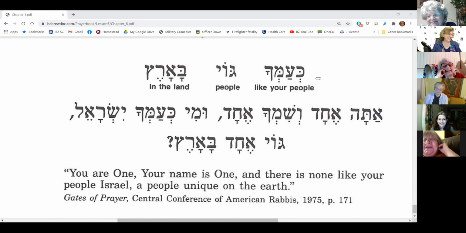We say that in love. But anyway, in this case, goy also means the Jewish people, because the word in Hebrew just means nation or people. So ka'amecha means like your people. Goy can mean nation or people. Ba means in the. Aretz, the word is really eretz, but whenever you say the land, it turns to ha'aretz. And when you want to say in the land, you have ba plus ha becomes ba, in the land.